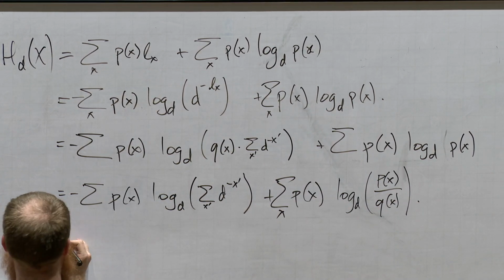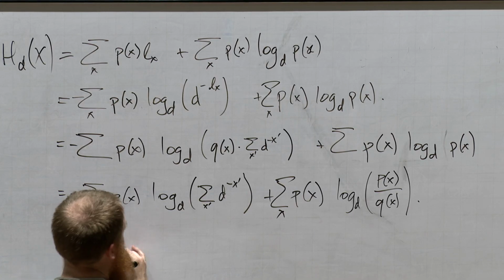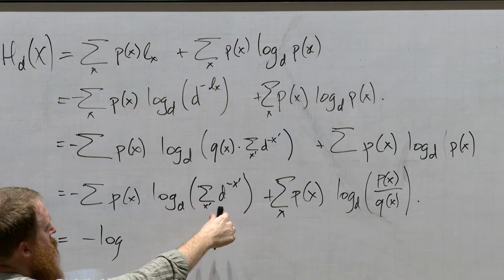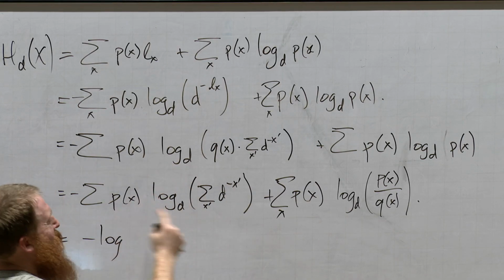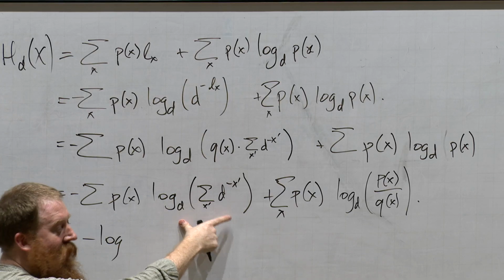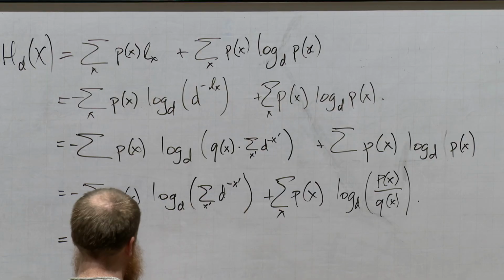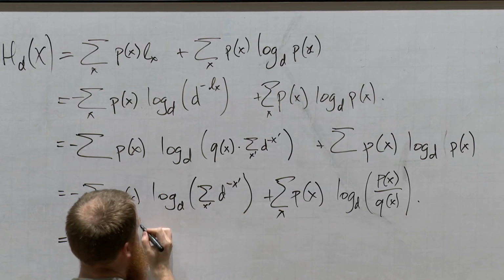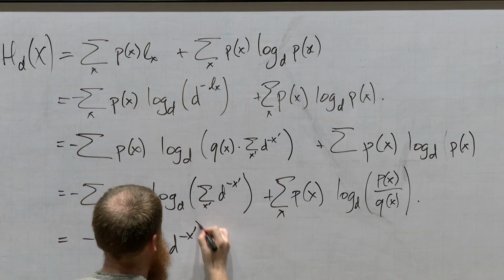In fact, it is exactly a divergence. So this is now minus, well, all of these terms are the same. This sum doesn't depend on x. So I've got the average of something not depending on x. The probabilities all sum to 1. So this is just this term here: log to the base D of the sum over x' of D to the minus L(x').